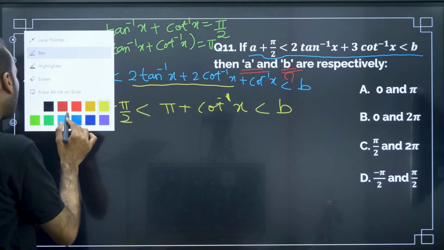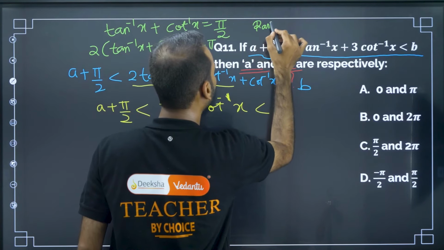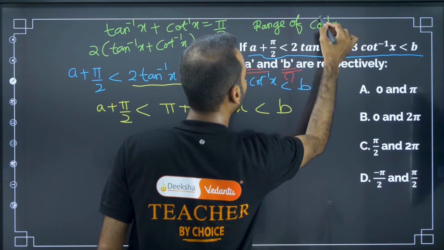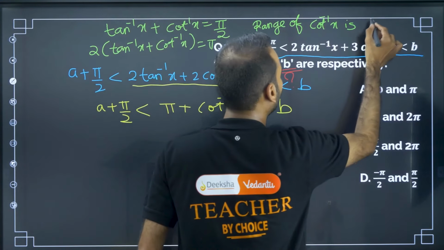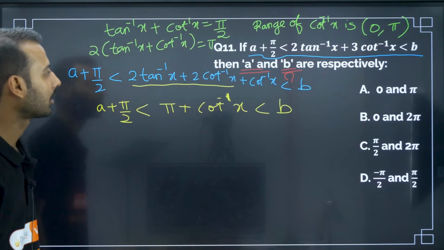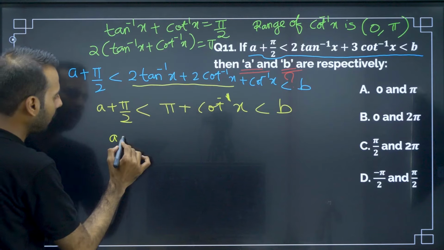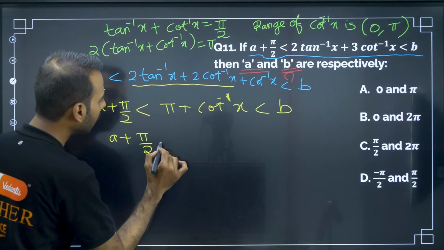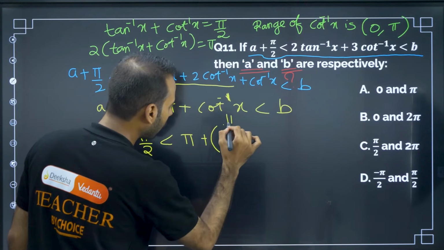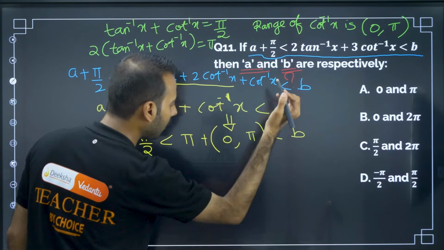Now try to recall the range of cot inverse x. The range of cot inverse x is 0 to pi. So a plus pi by 2 less than pi, and in place of this, it goes from 0 to pi, less than b.